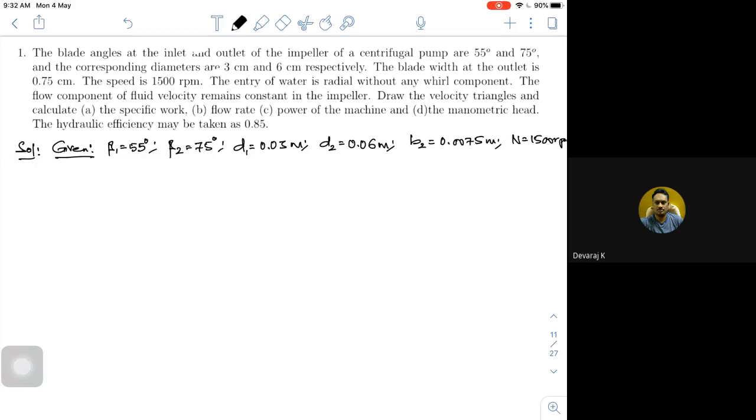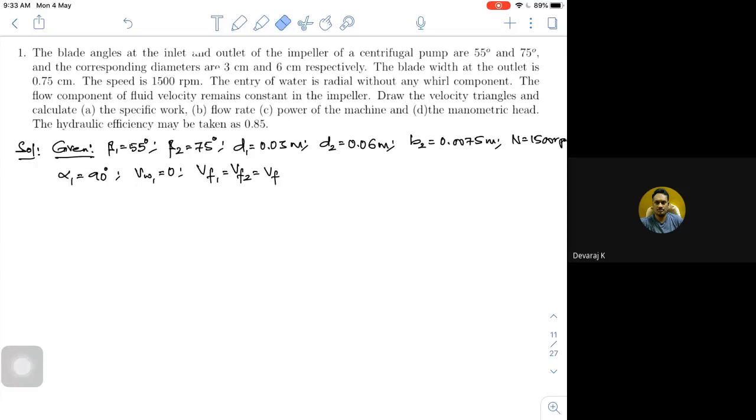That means that your alpha 1 is equal to 90 degrees. And when it is entering radially, the corresponding whirl component of the velocity is also 0. Vw1 is equal to 0. And your flow components Vf1 and Vf2 are constant. Vf1 is equal to Vf2 is equal to Vf.